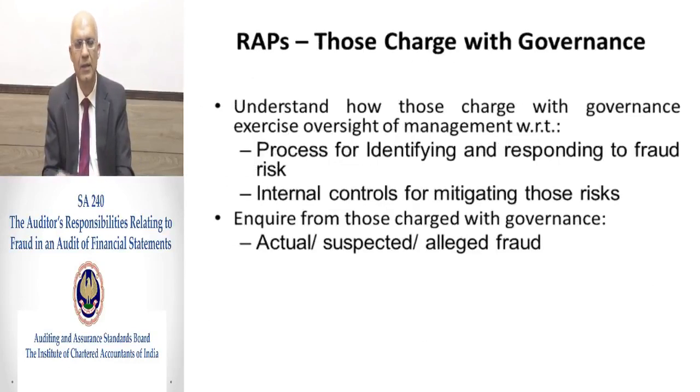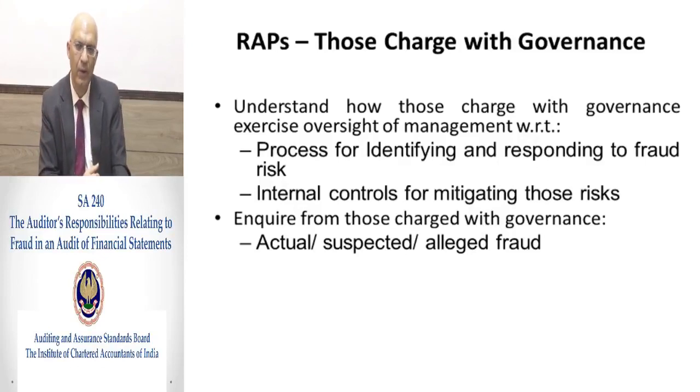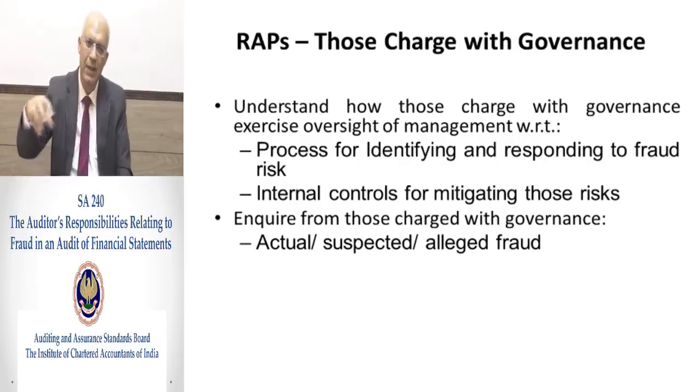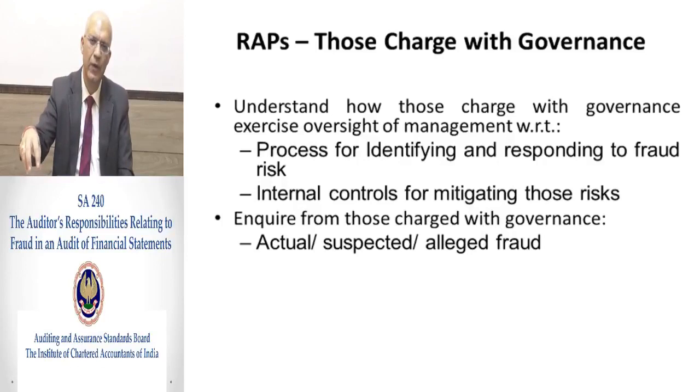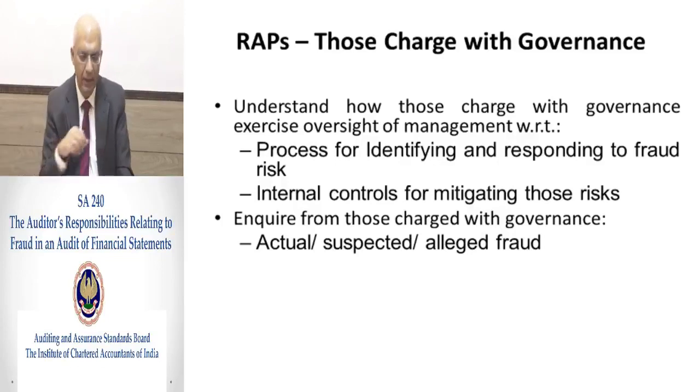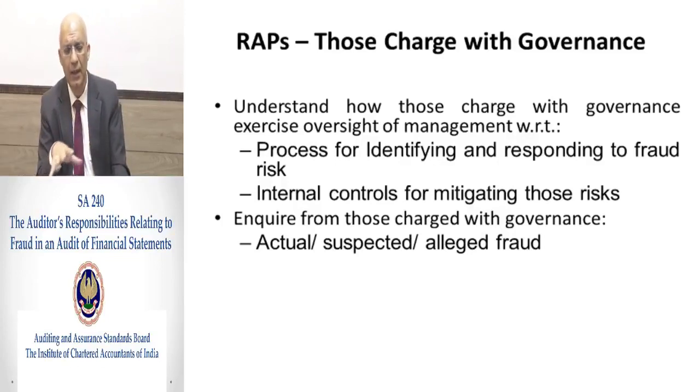Again, it's important also to communicate with those charged with governance, which are audit committees and board, in terms of what is their process for identifying and responding to fraud. Because ultimately they are responsible for ensuring that there is adequate oversight and frauds don't occur, or if they occur, they are detected. And what are the internal controls which are set up for mitigating those risks?